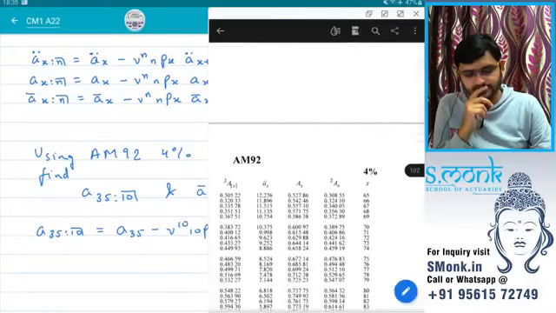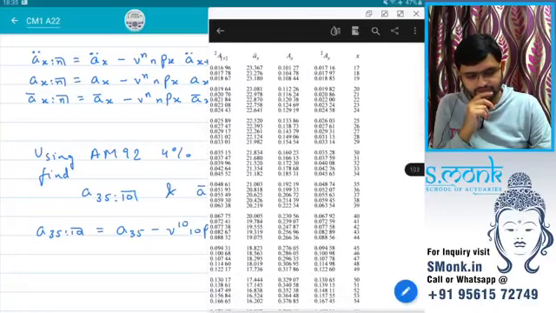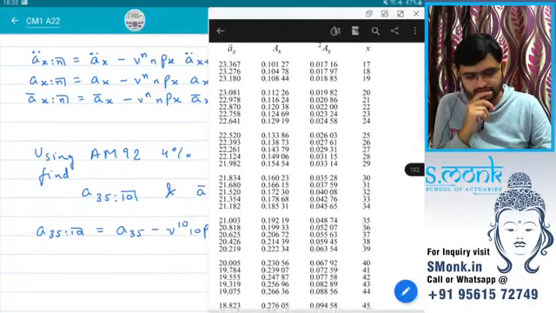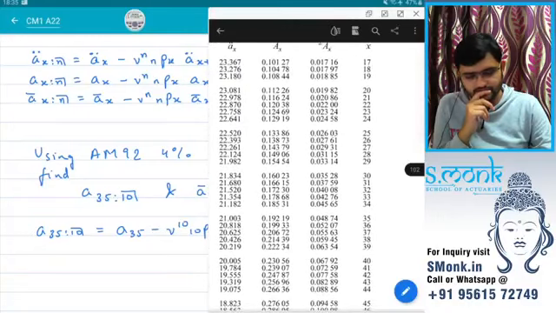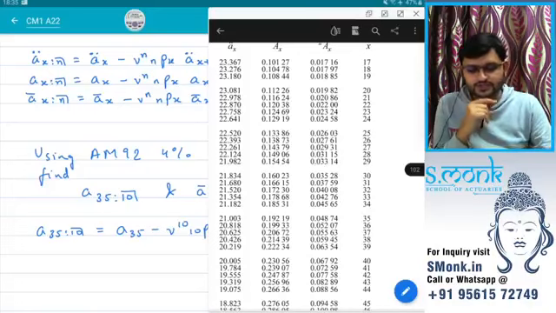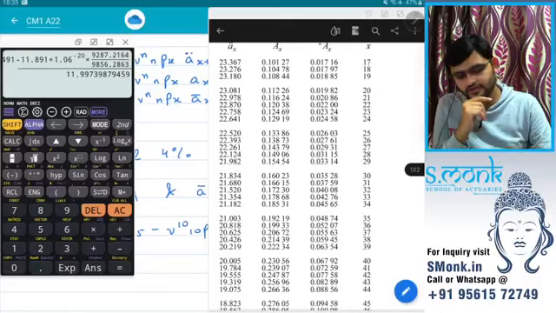We have values here for 35 and 45. I don't need to write in terms of a due because it is just a due minus 1, so I can just subtract 1.